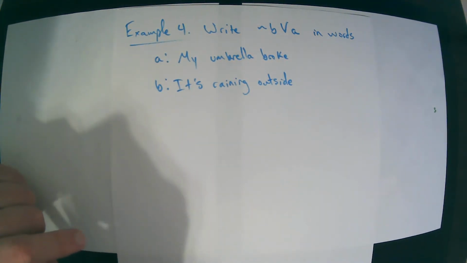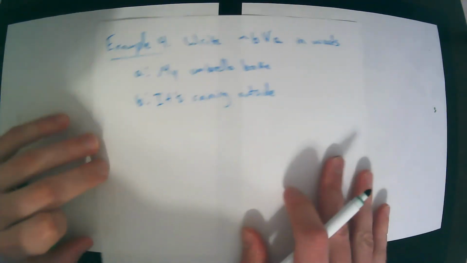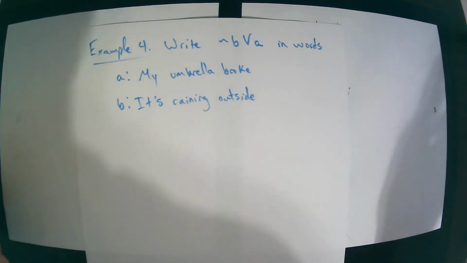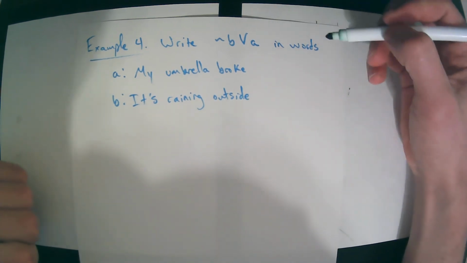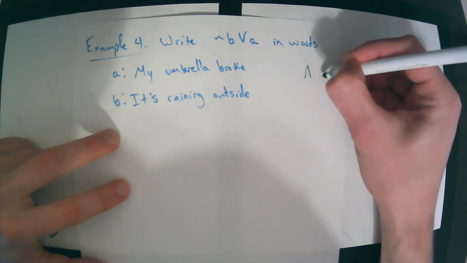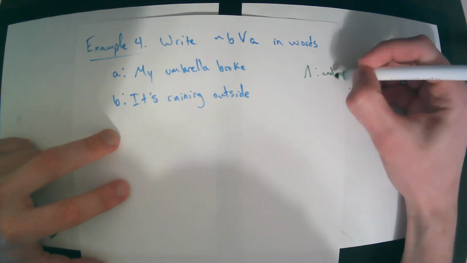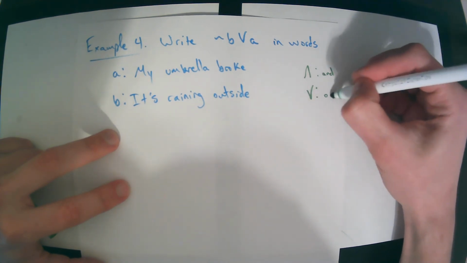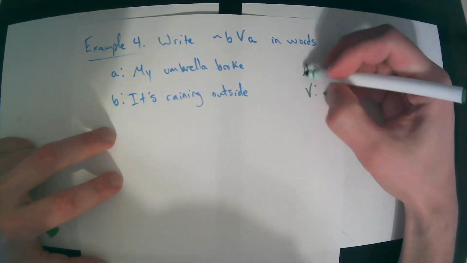So if I wanted to write this statement, not B or A, the key is knowing what these symbols mean, right? You can make some little flashcards. It's not real hard to remember. There's only a few of them. The way I remembered in the beginning is that this is associated with and, and it kind of looks like a capital A, so that's how I associated it with and. As long as you get that one, these are the only two you could ever mix up.